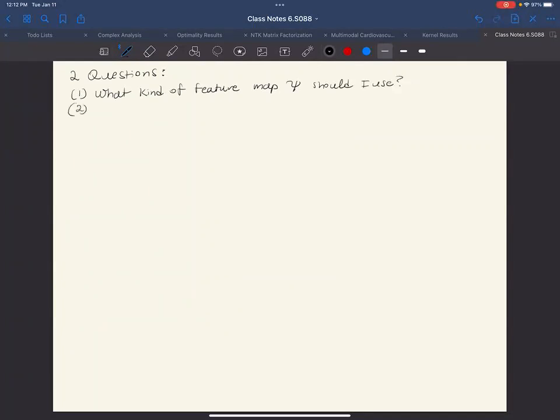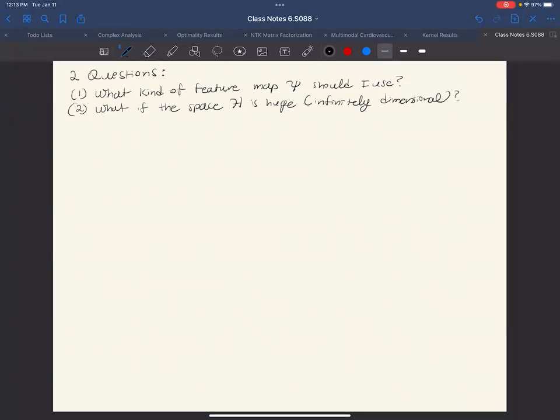And the second question is, what if the space H is huge? In fact, what if it's infinitely dimensional?